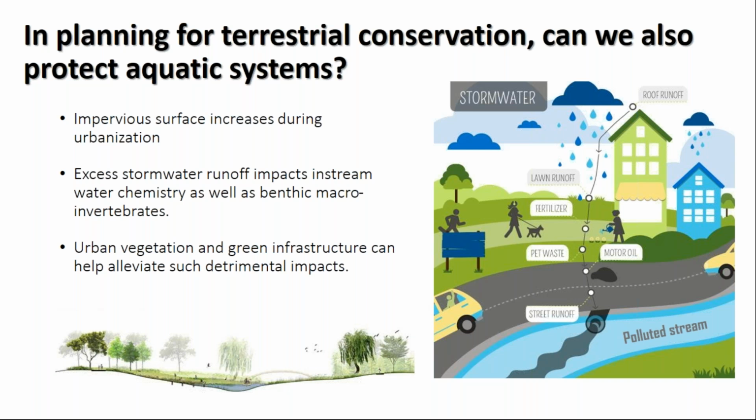And so the question remains then, if we're going to protect green space or we're going to add more green space, where can we put it so that the impacts of impervious surfaces are reduced as much as possible? And that's all made even more problematic when you're trying to deal with what do terrestrial systems need and what do aquatic systems need as well.